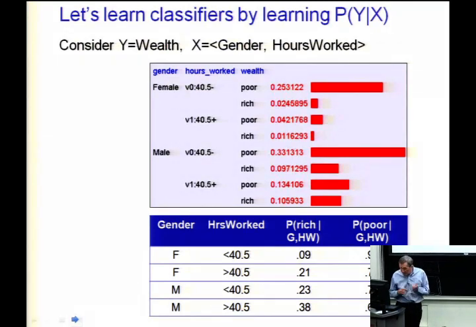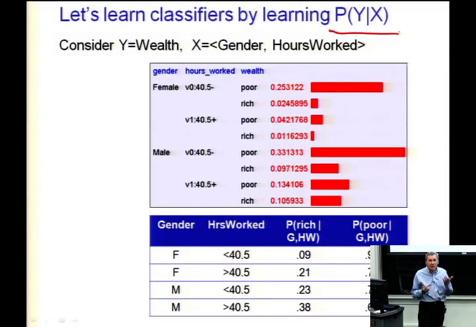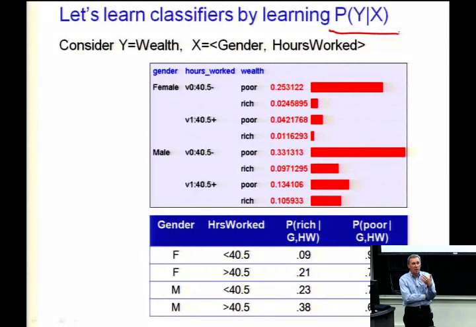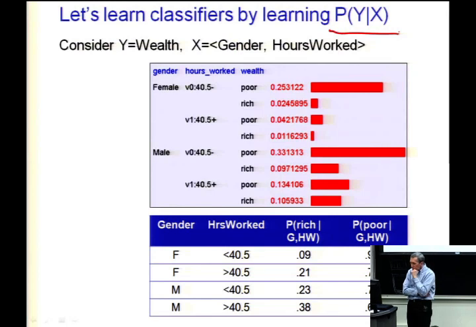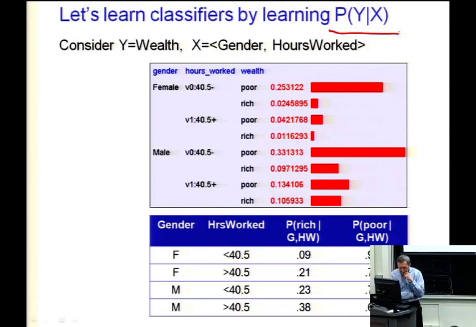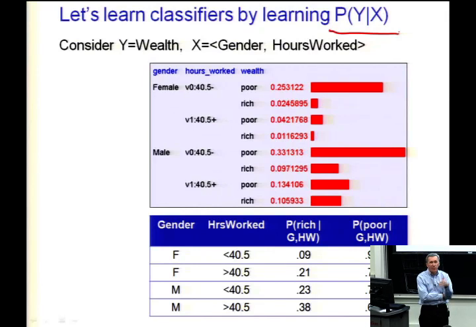So now, as we talked about last time also, if we're interested in function approximation, in general, learning to predict some variable y from a collection of other variables, say x sub 1, x sub 2, x sub 3, then one way we might try to do that is just to learn the conditional probability of y given the values for those x sub 1, x sub 2, and so forth.